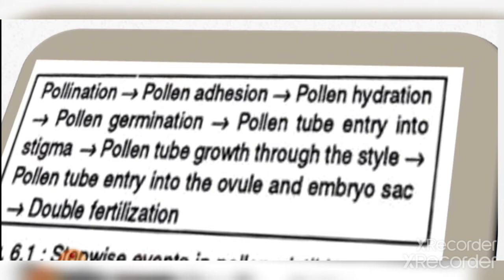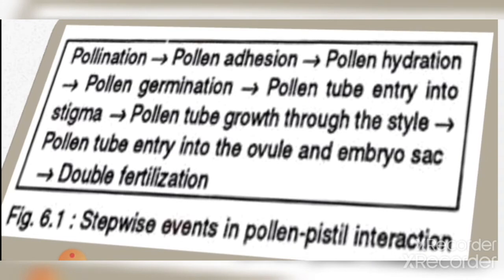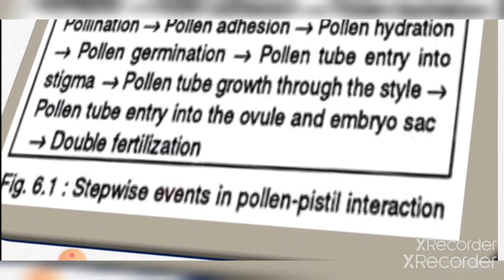Then pollen hydration will occur and pollen germination will proceed. After that, the pollen tube will enter through the stigma, and the pollen tube grows through the style, then enters the ovule and subsequently the embryo sac, eventually giving rise to double fertilization.